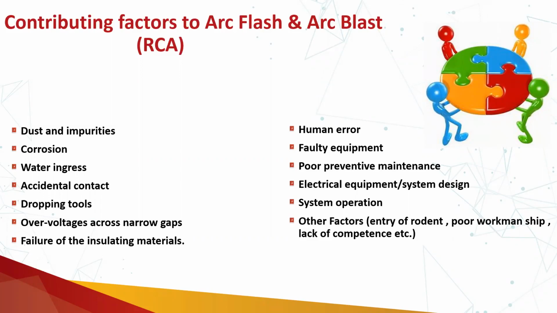There are a number of reasons I have noted which might cause arc flash and arc blast events: dust and impurities, corrosion, water ingress, accidental contact, dropping tools, overvoltage across narrow gaps, failure of insulating materials, human error, faulty equipment, poor preventive maintenance, electrical equipment and system design, system operations, and other factors.